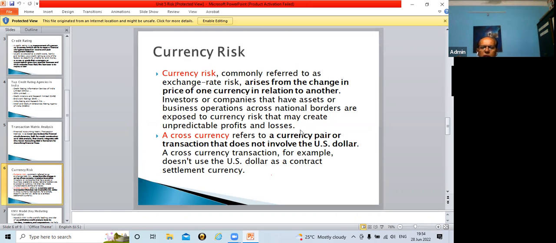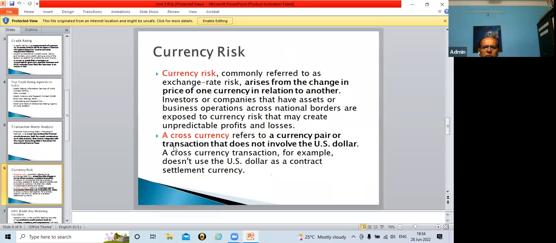As the dollar decreases, the Indian company earns profit and the American company loses it. So because of currency risk, profits are hampered. So this is about currency risk.